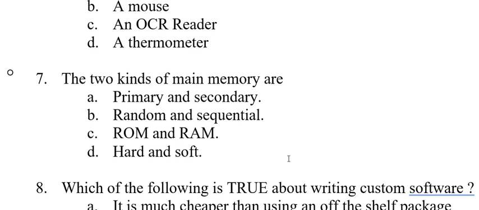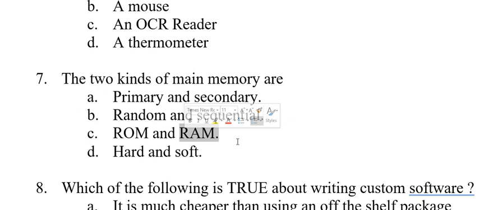Number seven. The two kinds of main memory are primary and secondary. That's not correct. Random and sequential is not correct. Hard and soft, no. The answer is RAM and ROM. Those are the main types of memory. Okay, RAM stands for random access memory. This type of memory could be used when the computer is on, is active.